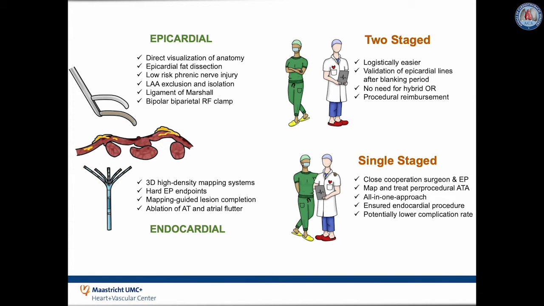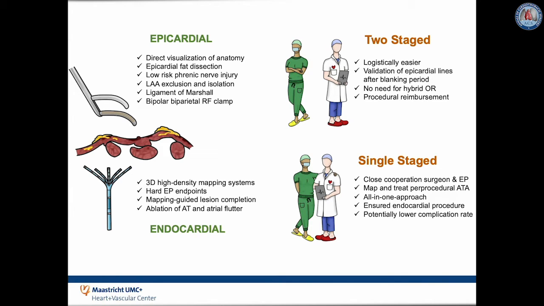Because we open the pericardium, there is a low risk of phrenic nerve injury during potential endocardial ablation. And the left atrial appendage is not only excluded, but also isolated. The advantage is that triggers coming from the left atrial appendage are isolated as well. And if you have a large left atrial appendage, your total atrial mass is reduced.